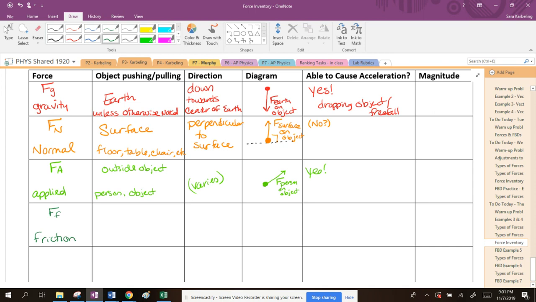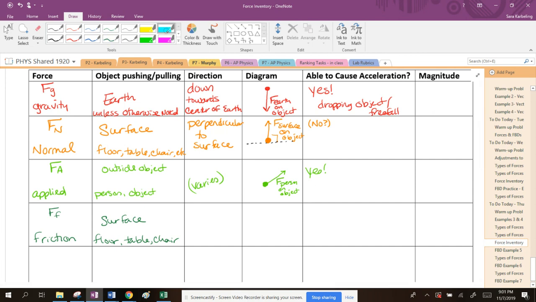The box or the bowling ball or the frog or whatever is interacting with a surface. The surface is necessary for that frictional force. So that could be the floor or the table or the chair or whatever.